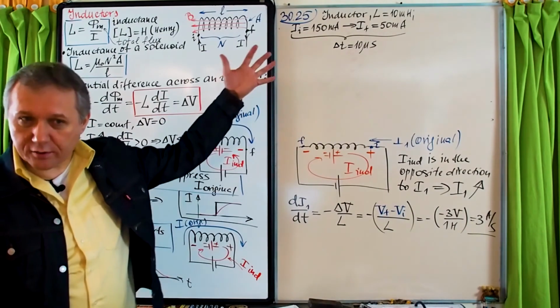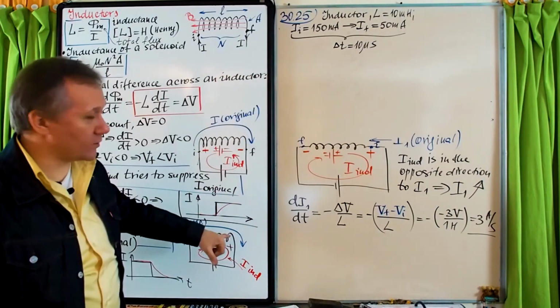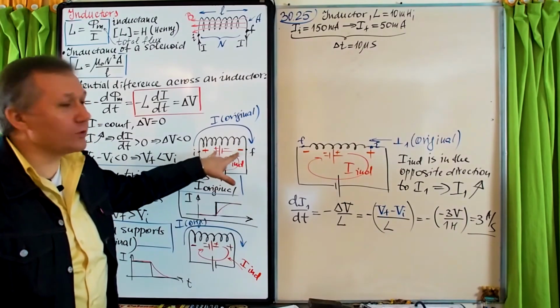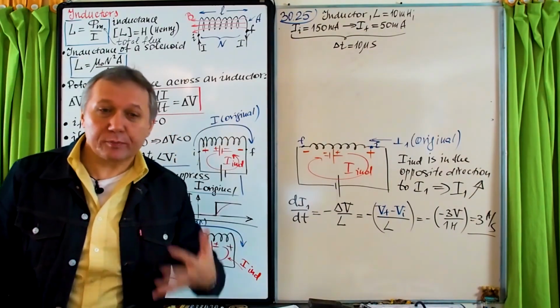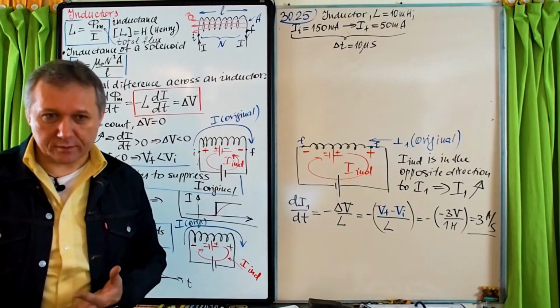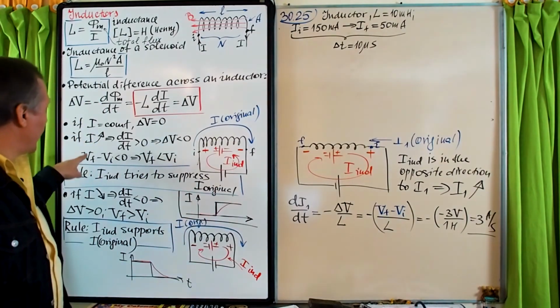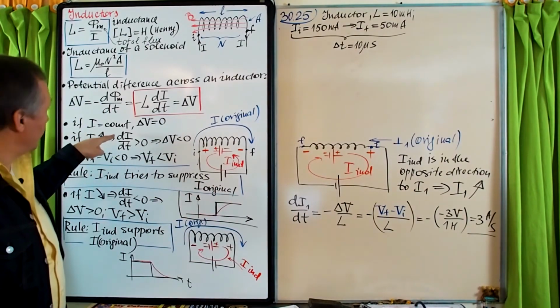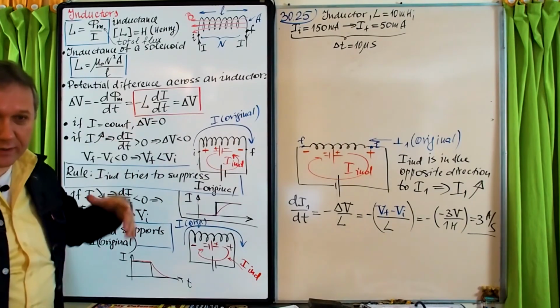You see, current changes, original current changes. So of course the solenoid will respond, will produce its own potential difference. Because again, you remember, it doesn't like when current changes. If current doesn't change, it doesn't do anything.